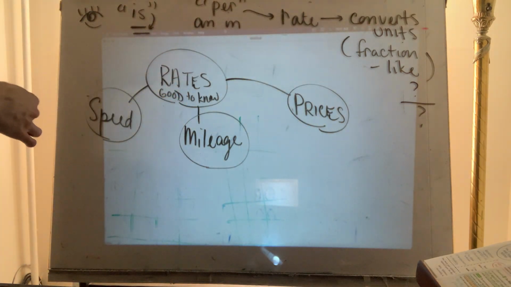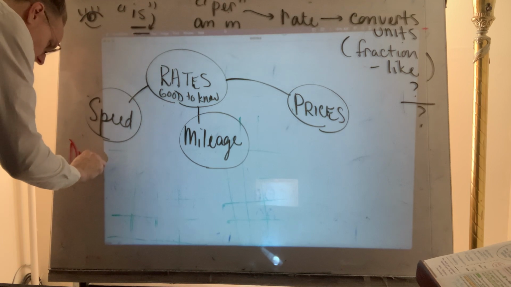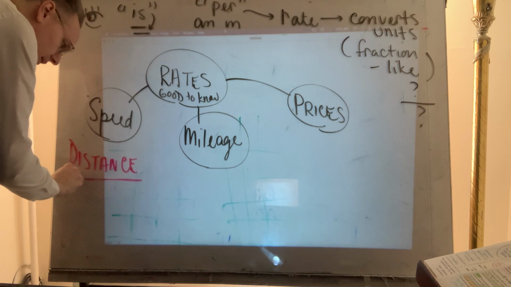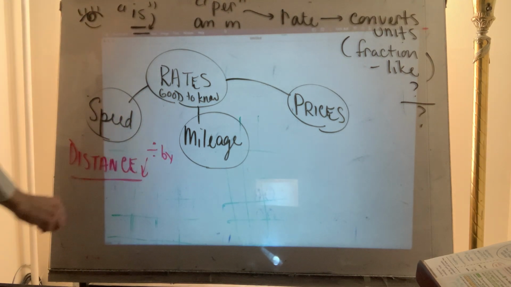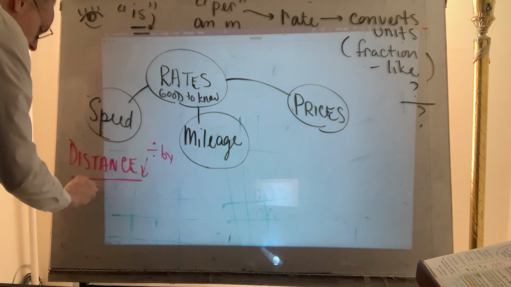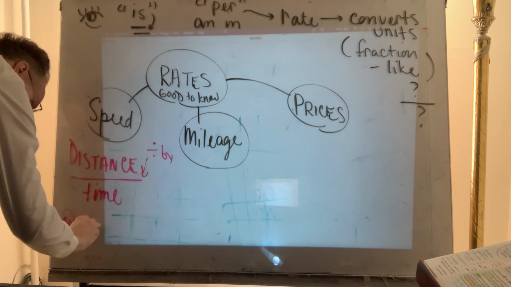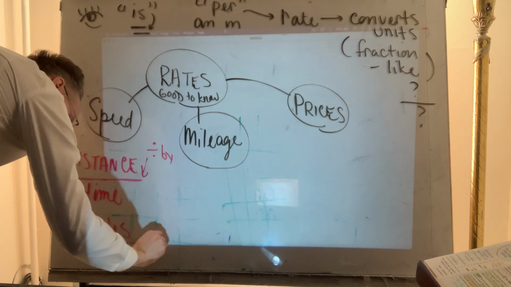So famously, in the case of speed, there's distance divided by time. And it ends up being basically miles per hour.